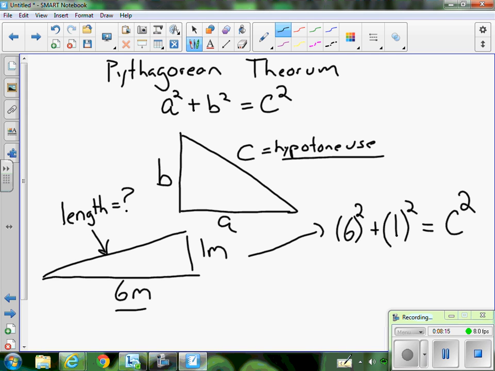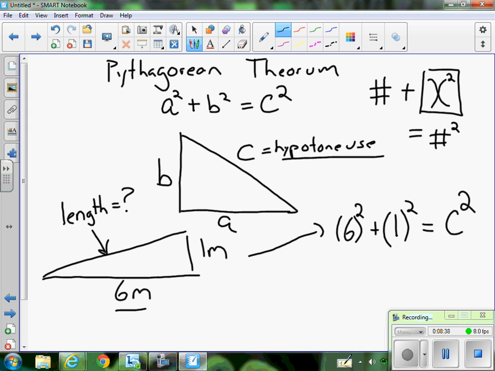Generally speaking, that button looks like this. So on your calculator, if that's the button, you're looking for that. That's squared. So press the number, press that button, and you'll get whatever that number is squared.